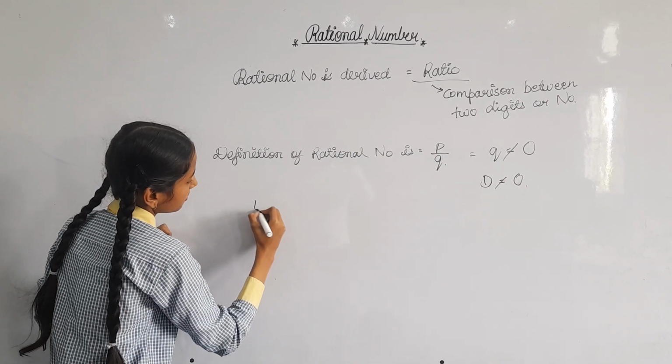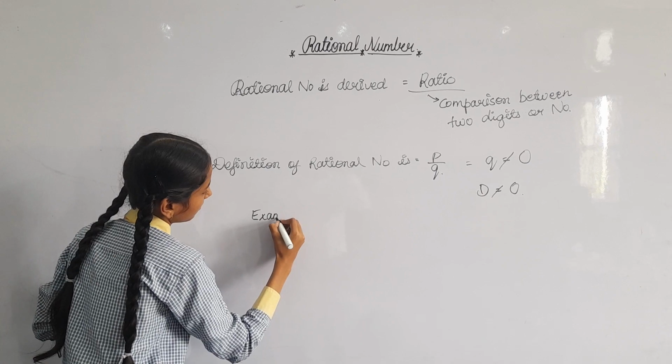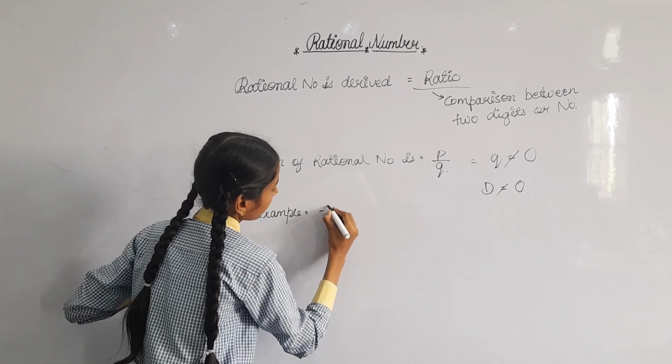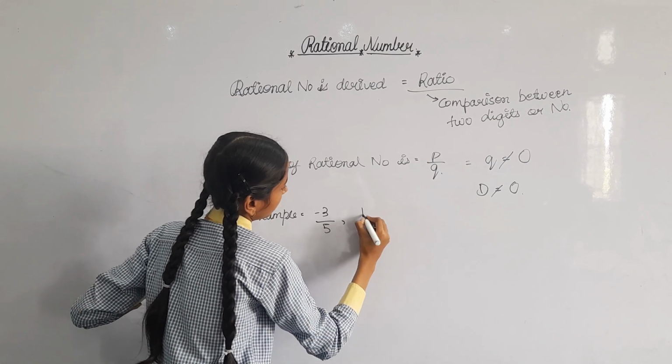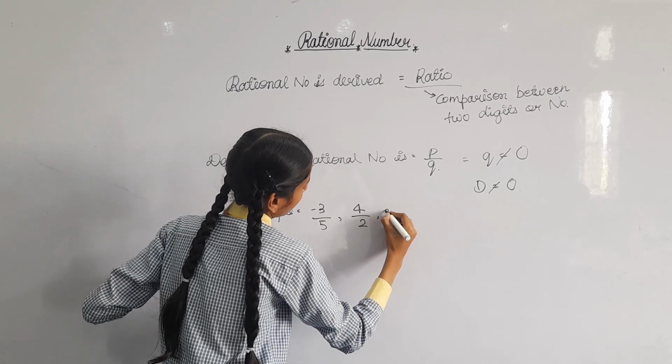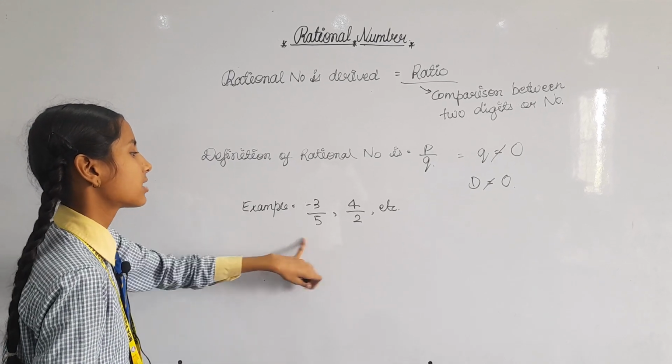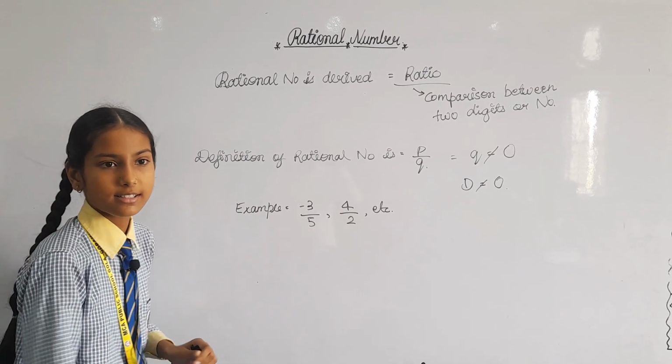The examples of rational number are -3/5, 4/2 and etc.